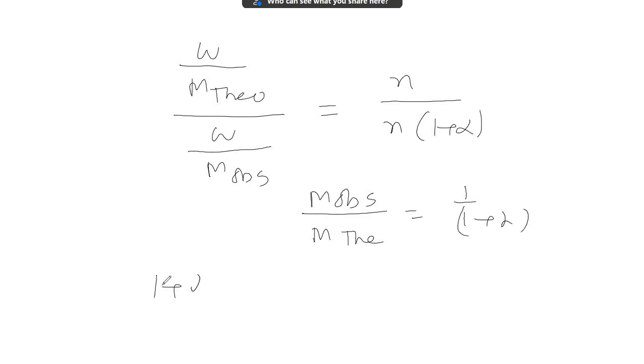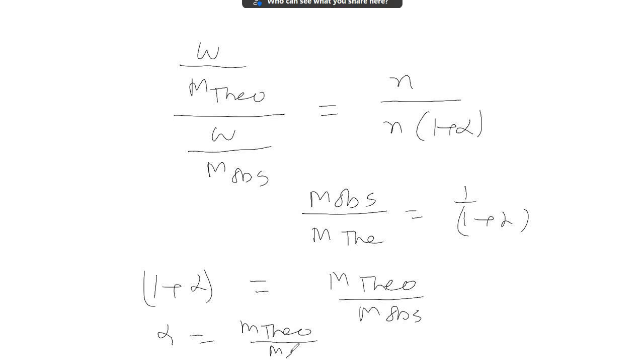So 1 plus alpha I can write as M theoretical by M observed. So alpha will be M theoretical by M observed minus 1. So alpha is equal to M theoretical minus M observed by M observed.